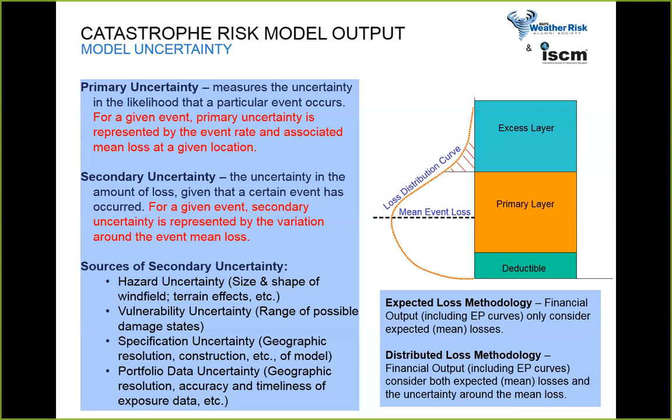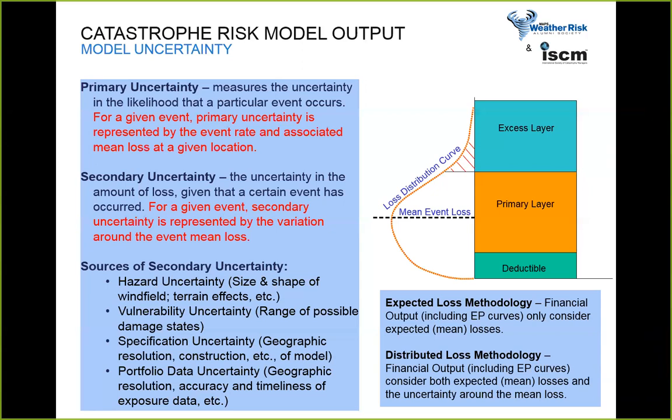But if you're incorporating the secondary uncertainty into the model, you get what we call a distributed loss methodology, which means the model is considering both this mean loss and a probability distribution around this loss. So if you're using the distributed mode, you still have the same mean loss. However, there is a non-zero probability that this event could cause a loss to this risk in excess of the primary layer.